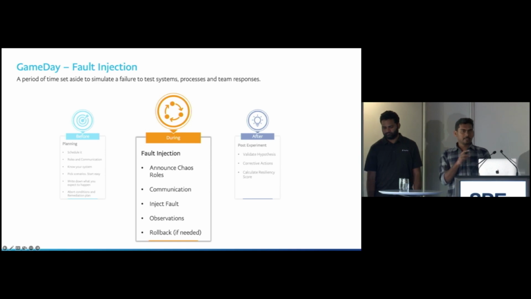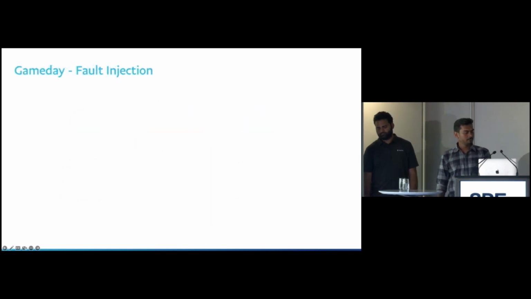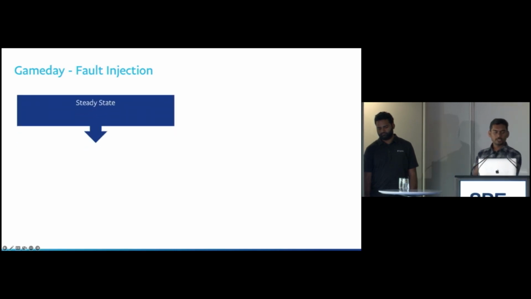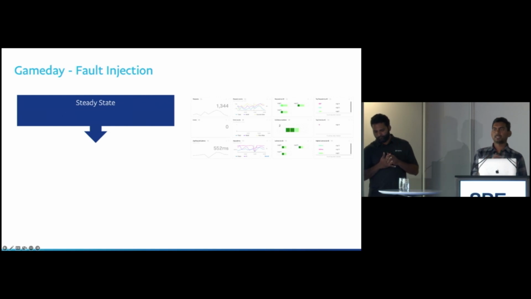Now let's take a deep dive into some of these areas. The fault injection scenario usually starts with steady state. Make sure you have your steady state defined and identify the metrics that actually define the steady state, some of the key metrics, SLOs, things like that. Make sure they are all in the normal operating mode.